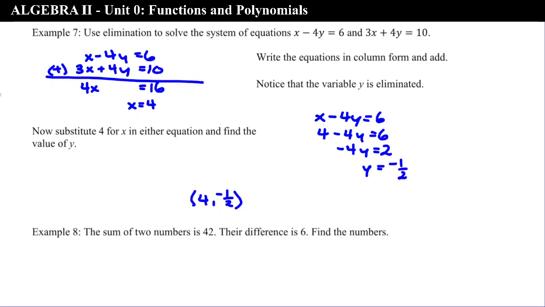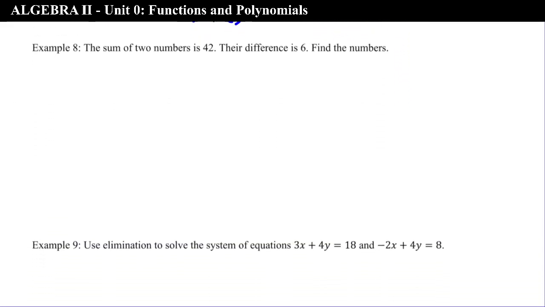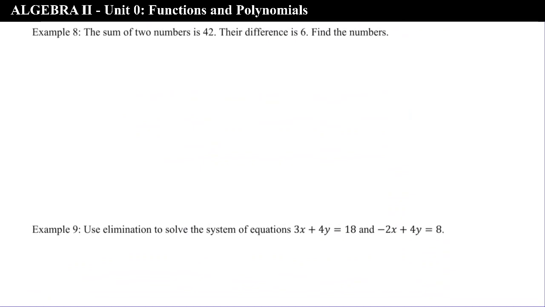Okay, let's do another example, and let's start working in some word problems. So in this example, we're asked to find two numbers. The sum of the two numbers is 42, and their difference is 6. So when we're doing word problems, it's a good idea to define what our variables are going to be. So we're working with two numbers.